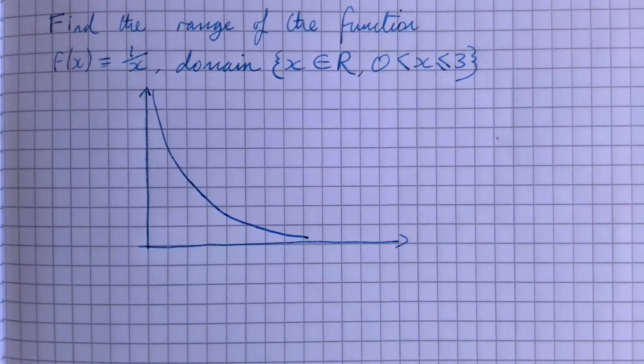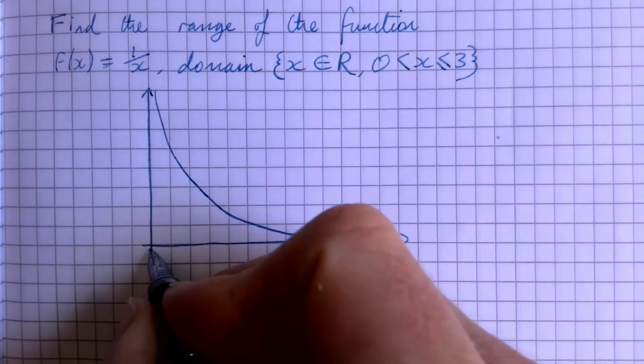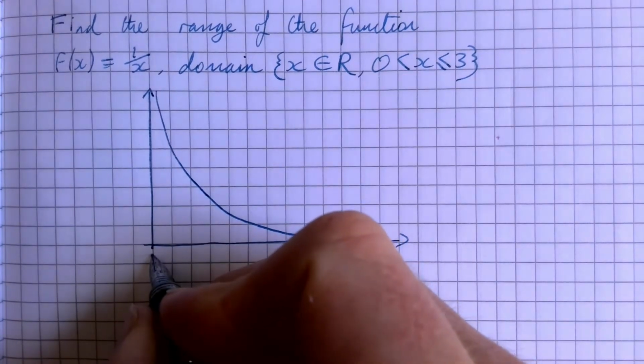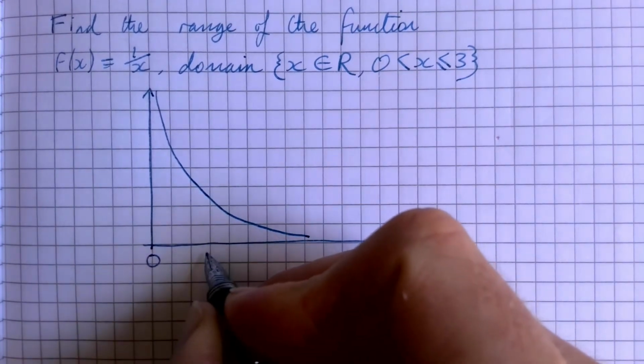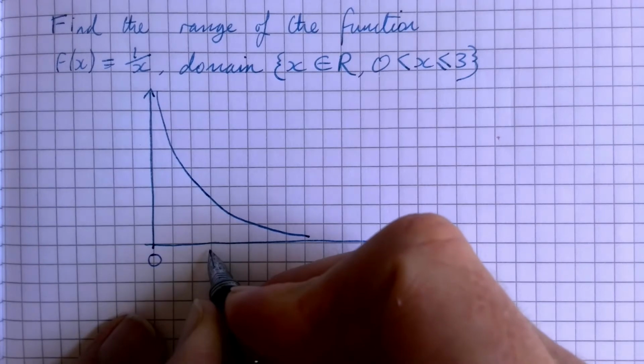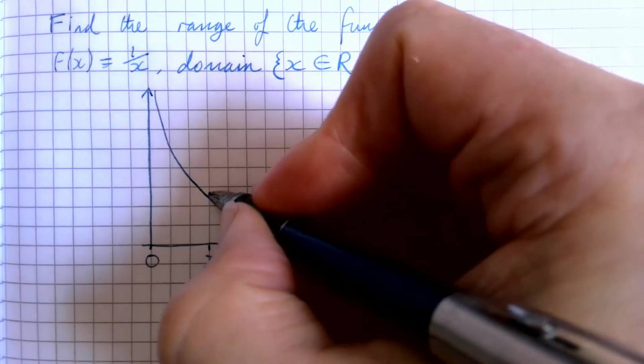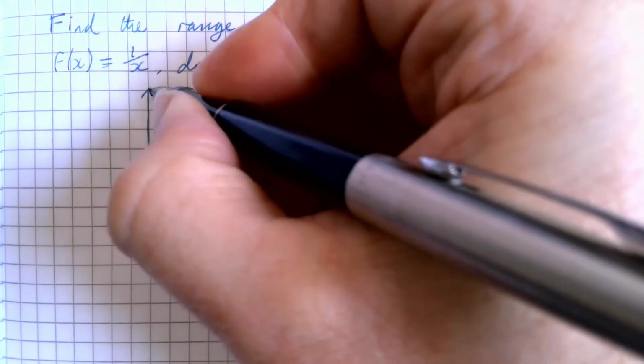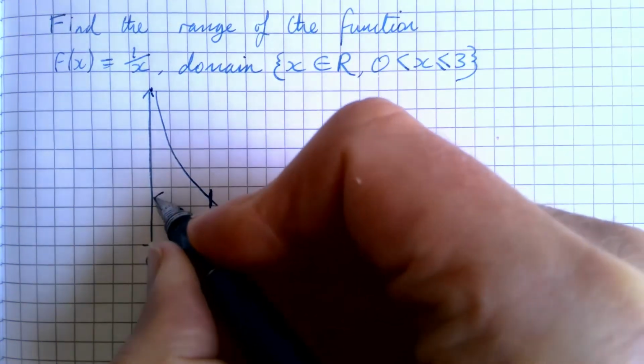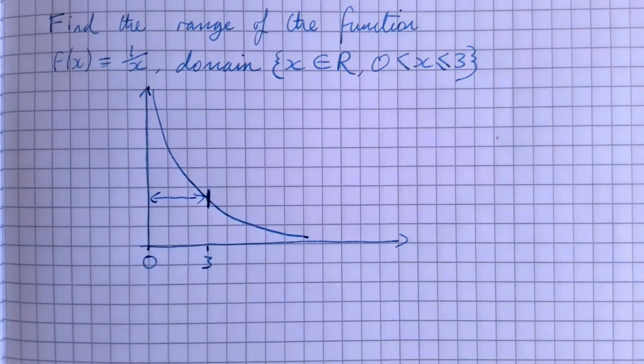And we're thinking but from 0 to x, so we are going from bigger than 0 to 3. So we are just bothered about it from there to there. What are our values of y going to be?